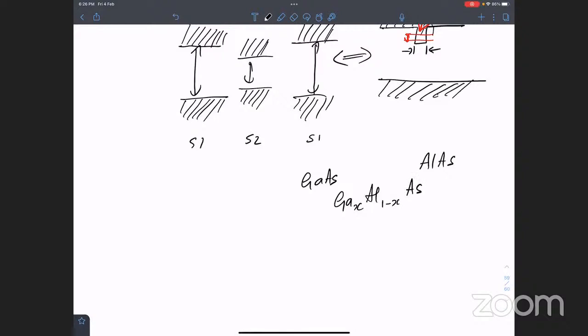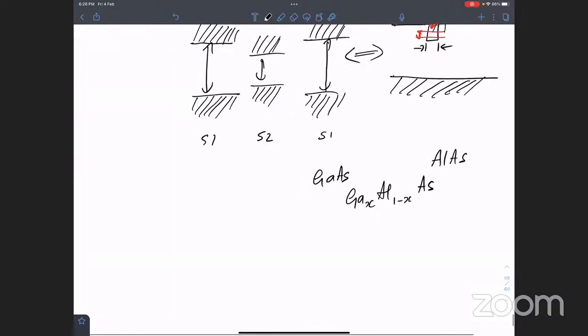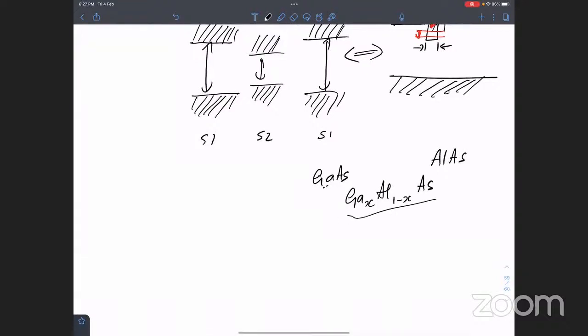For example, I can have x equal to 0.5, a half mixture, a 50% alloy between gallium arsenide and aluminum arsenide. I can literally control that x. You see the beauty here: I can control it from x equal to 0, which is pure gallium arsenide, all the way to x equal to 1, which is pure aluminum arsenide. I can control the alloy ratio.